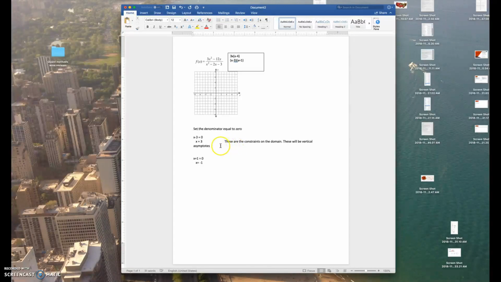Okay, so you would go to your little graph, and I'm just going to go ahead and show you the answer. But these will be the vertical asymptotes. So you're going to find where x is equal to 3, put a dotted line, find where x is equal to negative 1, put a dotted line.